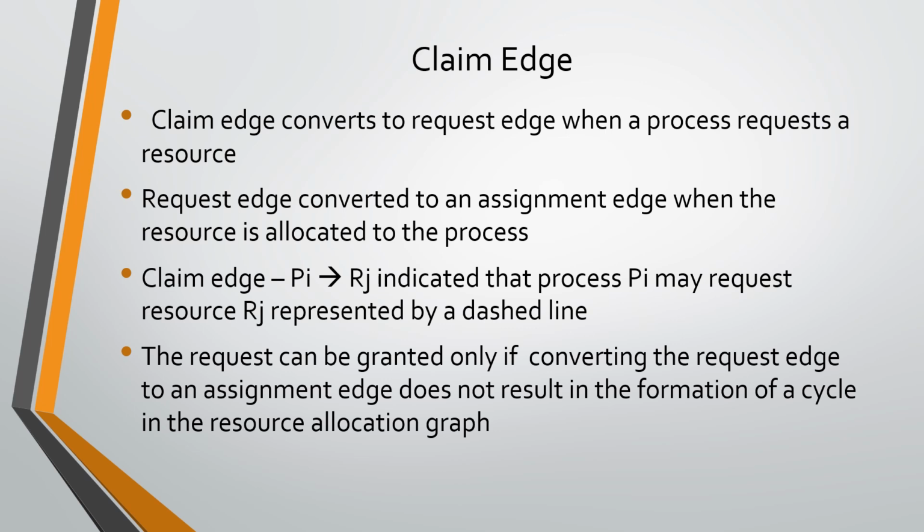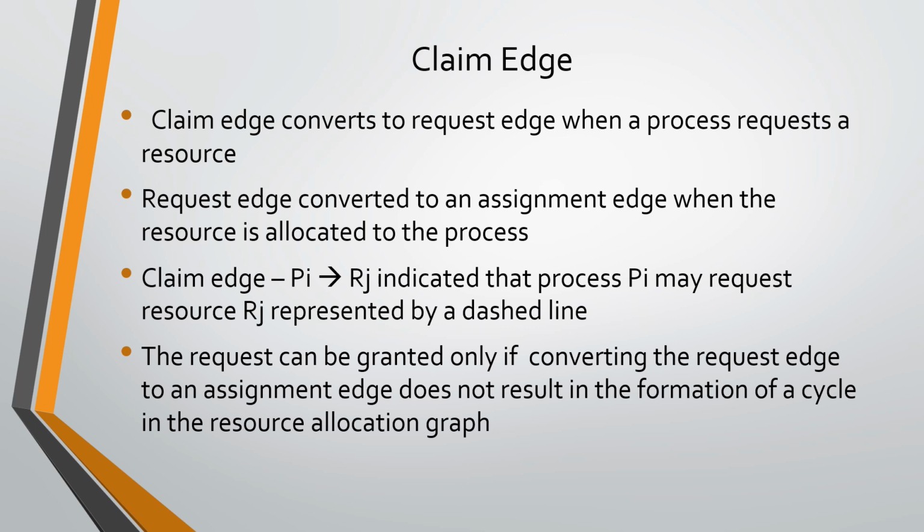Whenever a process requests the resource, the claim edge is changed to the request edge, and if the request can be granted, then the request edge is changed to the assignment edge. After this change, look for a cycle in the graph. If no cycle exists, then the system is in a safe state and deadlock will not occur. Else, the system is in an unsafe state and deadlock may or may not occur.